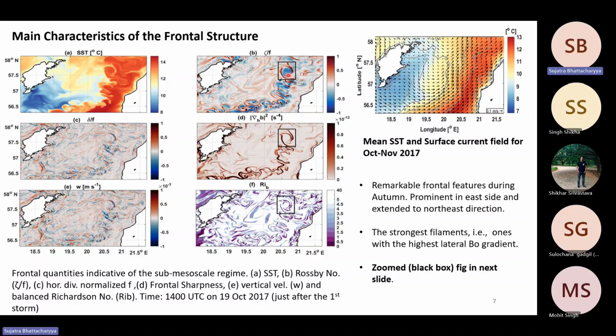It's textbook knowledge that when there is cyclonic vorticity, we can consider some portion of upwelling is there. But it is surrounded by a very negative Rossby number, which is anticyclonic in nature, or downwelling. And here you can see the Rossby number is very high, a high negative Rossby number inside the filament, surrounded by high positive Rossby number.